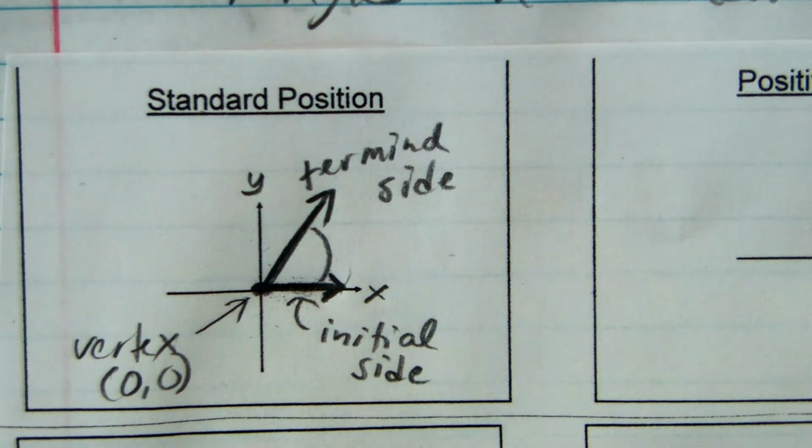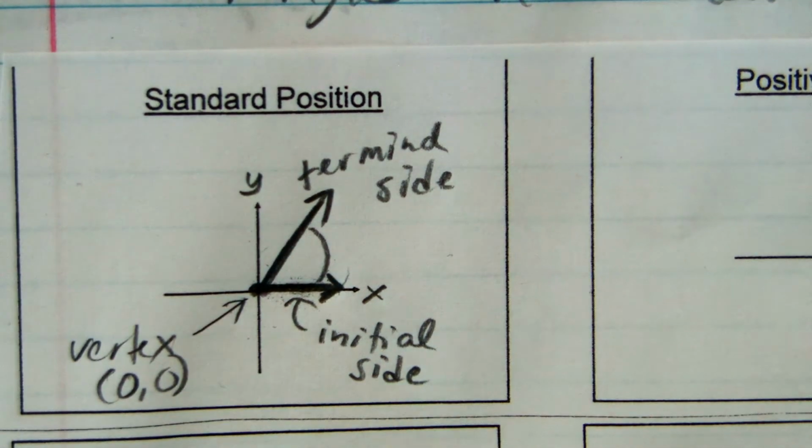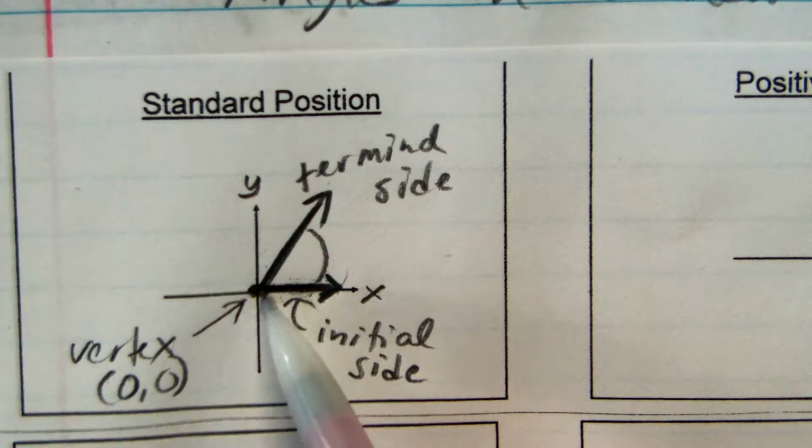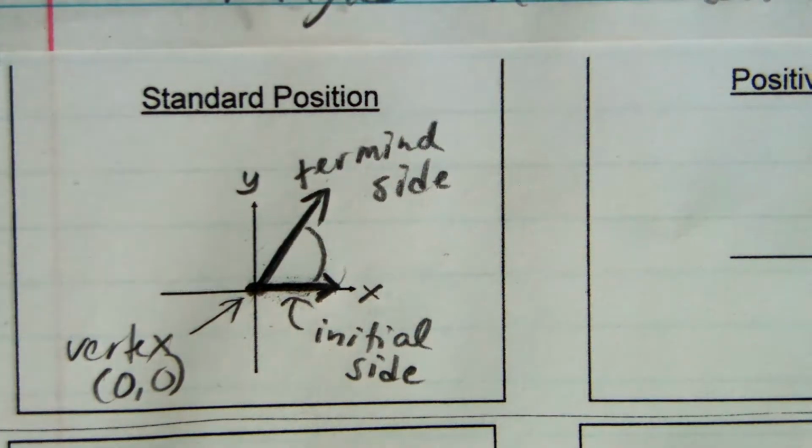So we're going to draw all of our angles that way on a graph and talk about a lot of vocabulary, and how to draw them with a protractor. Okay, so initial side, terminal side, that's your vertex at 0, 0.